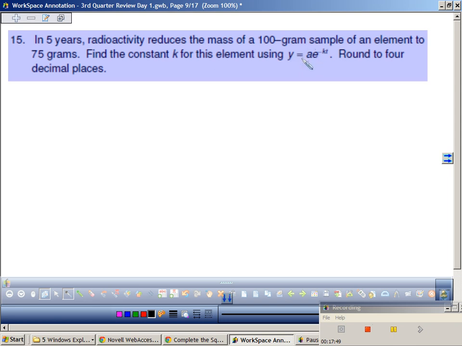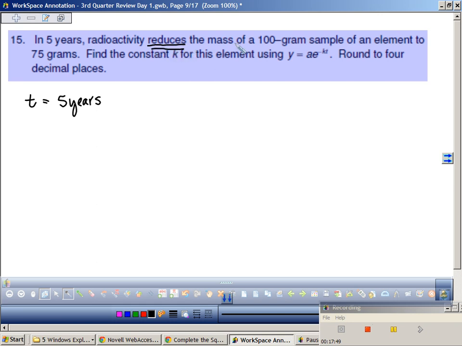The only thing I need is what? Only thing I need is k. So let's substitute. What would y be? Well, here we have t. t is what? 5 years. Okay, so it says in 5 years something reduces.